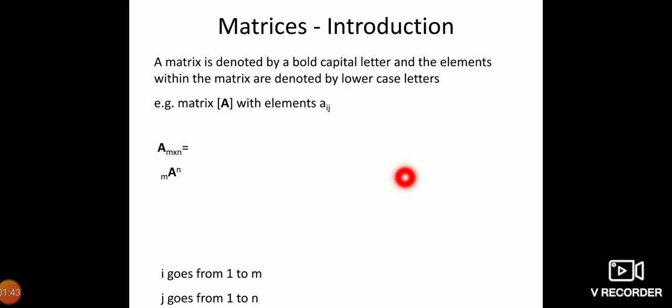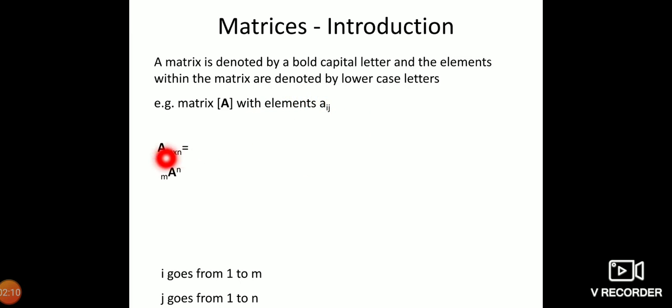A matrix is always denoted by a bold capital letter, and the element within the matrix is denoted by a lowercase letter. For example, the matrix is denoted by capital letters A, B, C, D, X, Y, Z, any letters, with elements a_ij.